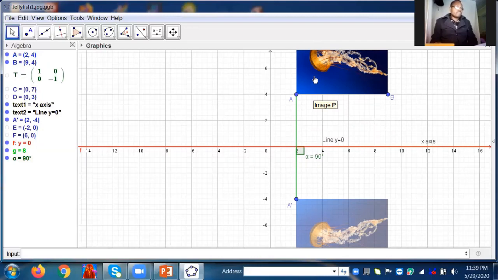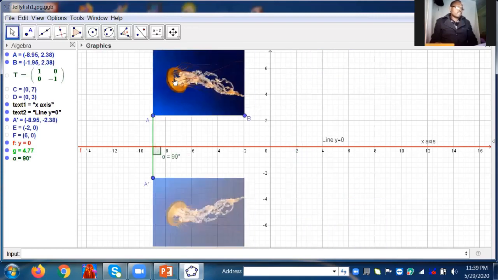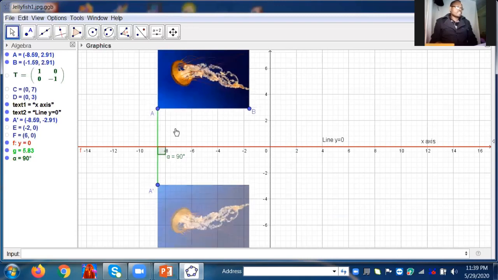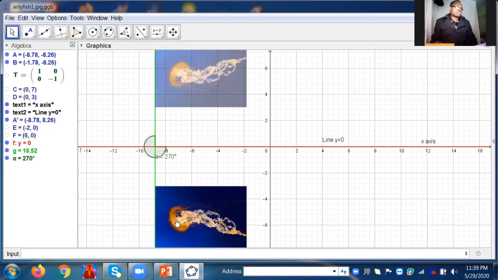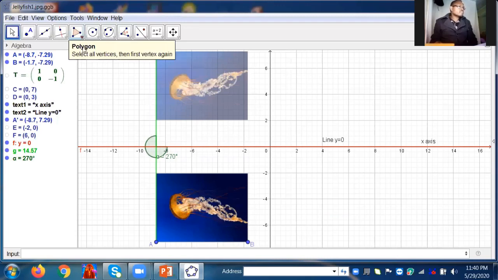I can move the object to the other side, and then the image also moves to the same side. I can even move the object across, and then the image will also move across to the other side. I can apply this matrix on a triangle. So let's draw a triangle. Our triangle is GHI.